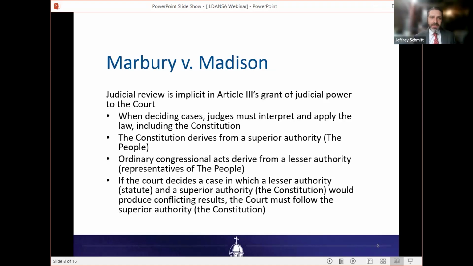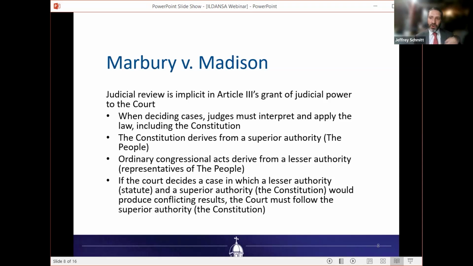A federal law derives its authority from the representatives in Congress, whereas the Constitution derives its authority from the people themselves. And in our system, the people are supposed to be sovereign.